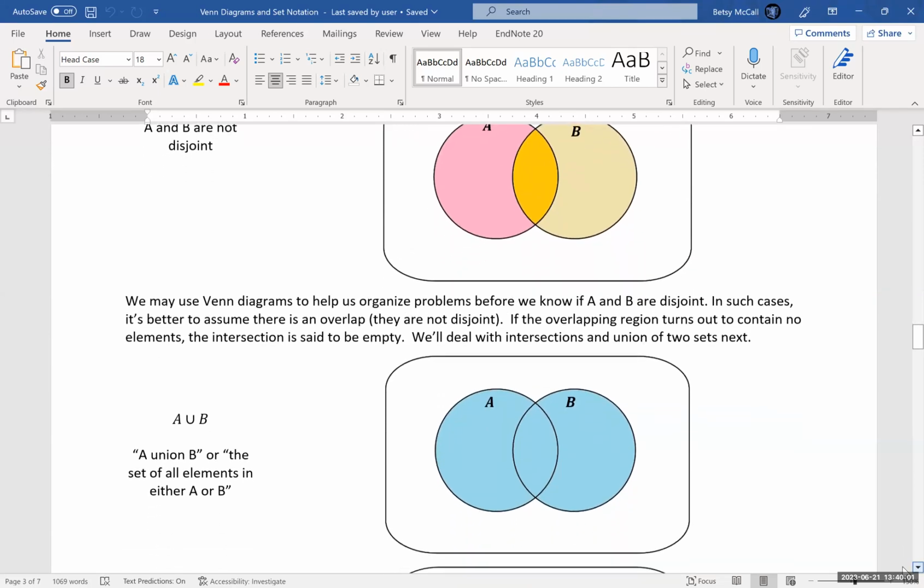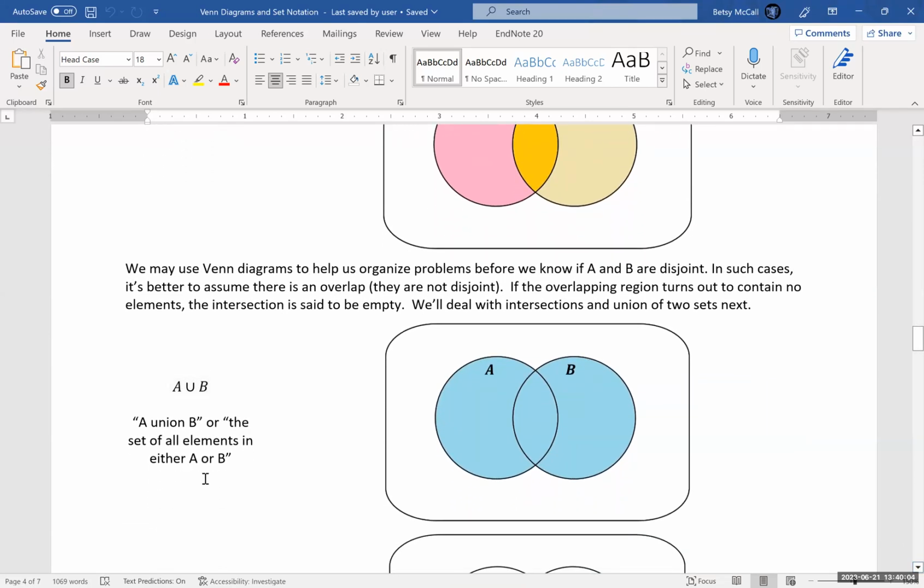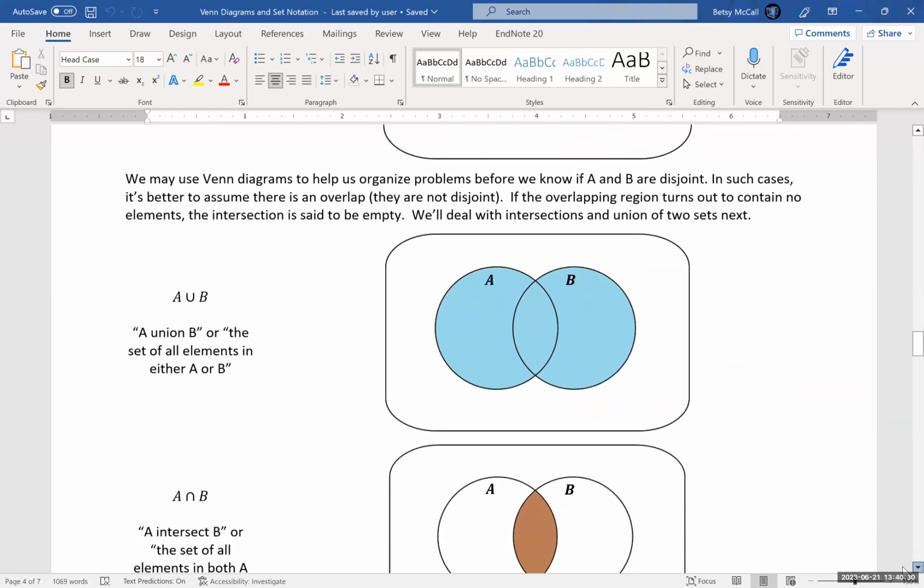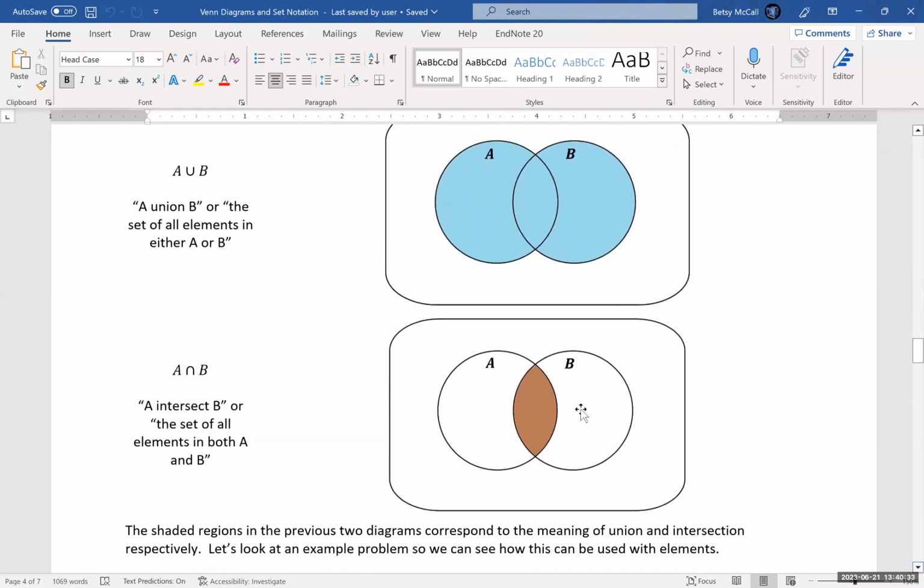Now we have some other set operations that we can perform, like unions and intersections. The union of A and B is going to be all the elements that are in either A or B. I've colored all of this blue because everything in either A or B or in the overlap is included in A union B. In the case of intersection, we want all of the elements that are in both A and B at the same time, so only the things that they have in common.